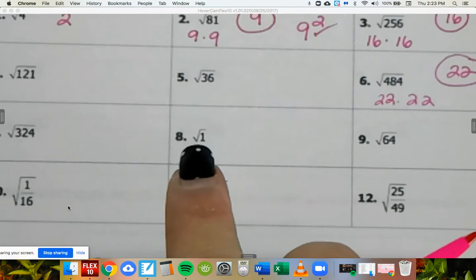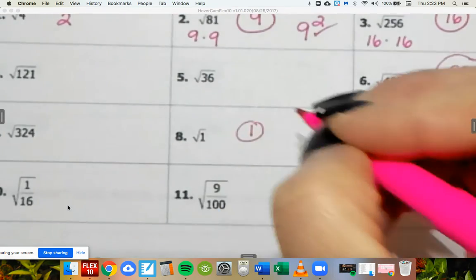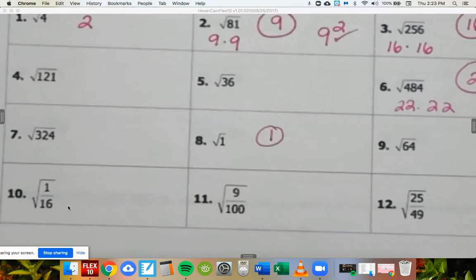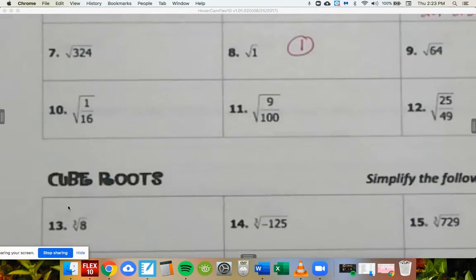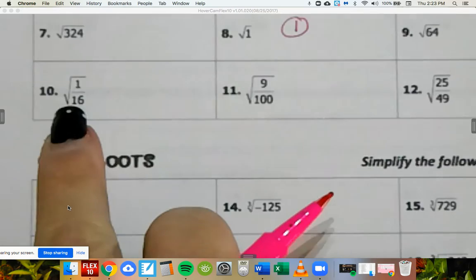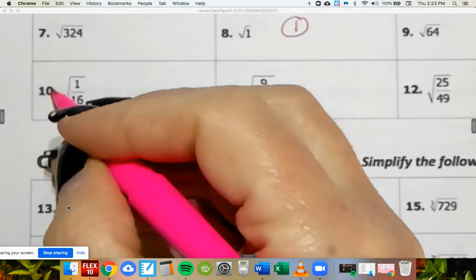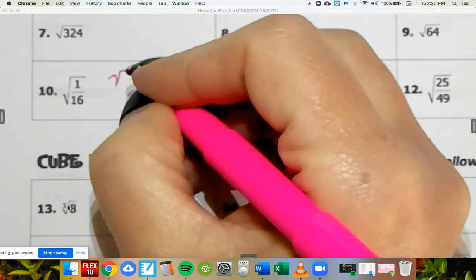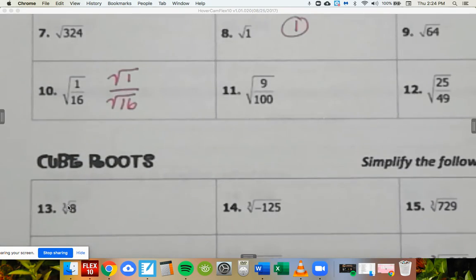What's the square root of 1? What times itself is 1? That one's easy. It's 1. What about when we have a fraction, like we do on, let's say, number 10? Here's how I think of these. I basically take that radical symbol and I break it into the numerator and the denominator. So it's almost like you're solving 2 separate problems.